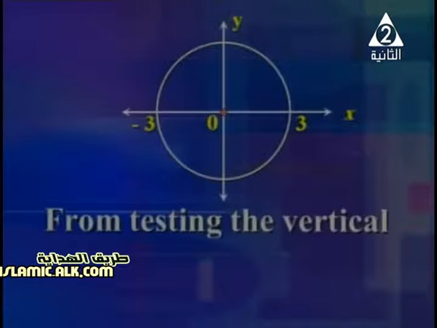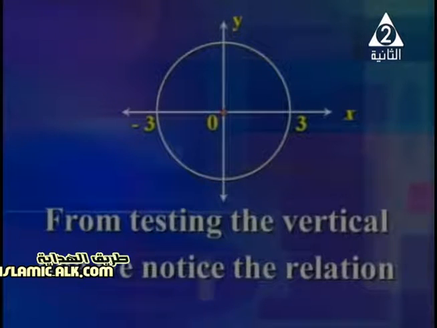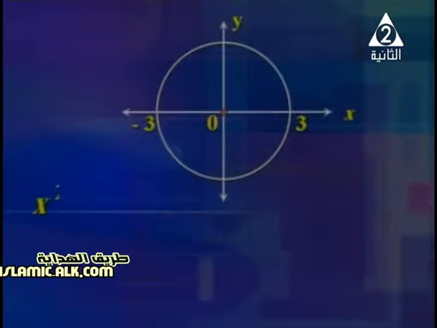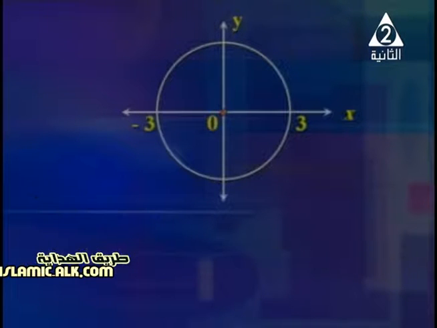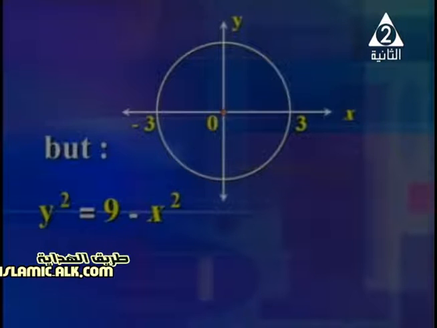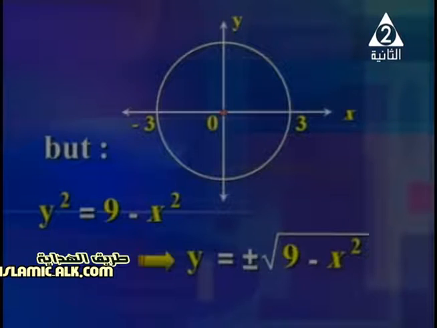From the vertical line test, we note that the relation x squared plus y squared equals 9 doesn't represent a function. But y squared equals 9 minus x squared, so y equals positive or negative square root of 9 minus x squared. We have two roots, positive or negative.